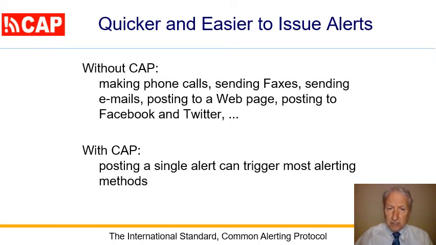Those activities consume time, distracting from the mission of composing accurate and actionable alerts. With CAP, a single alert disseminates quickly over multiple alerting methods. And from the receiver perspective, CAP is the fastest way to get alerts from an alerting authority. And CAP is less error prone.